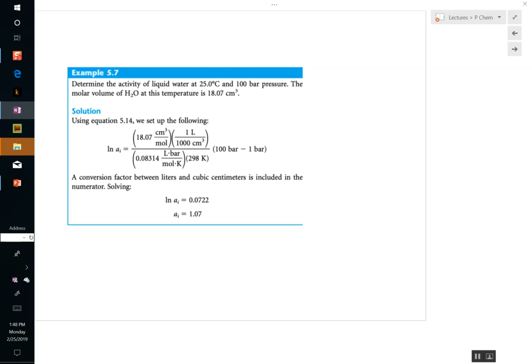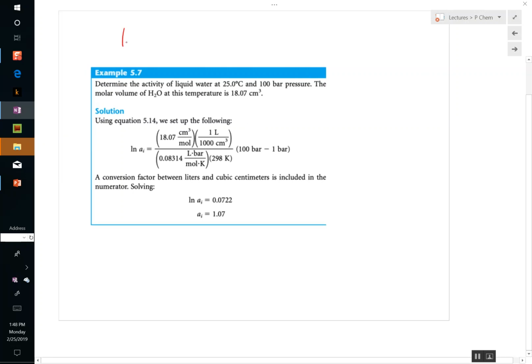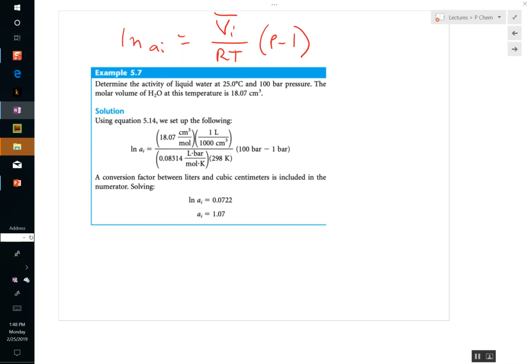Using equation 5.14, we had ln of a_i equals the molar volume divided by RT times P minus 1. Molar volume, RT.